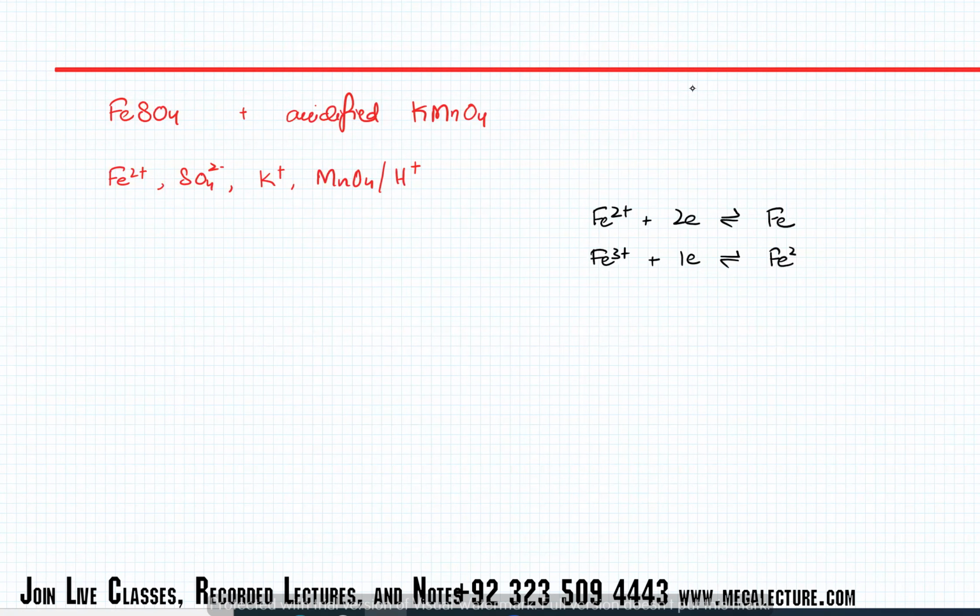This one I know is 0.77 volts. Then you have K+, gaining 1 electron in equilibrium with K. That's I think minus 2.92 volts.